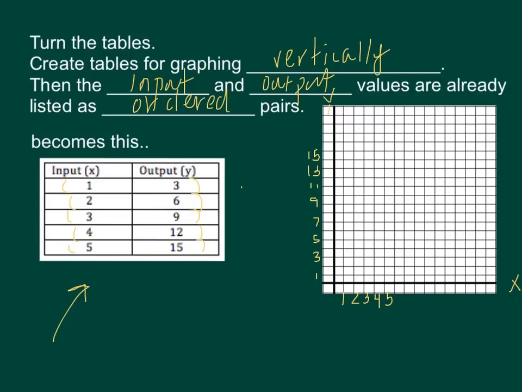So our first ordered pair occurs at (1, 3). Our second ordered pair occurs at (2, 6). Then we have a 3 on the X, 9 on the Y, 4 on the X, 12 on the Y, 5 on the X, and 15 on the Y.